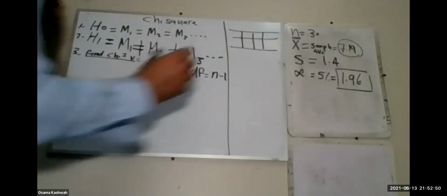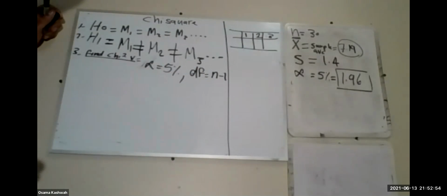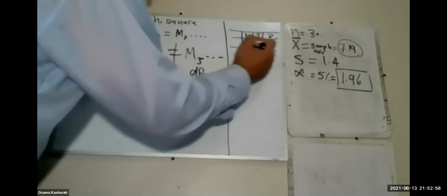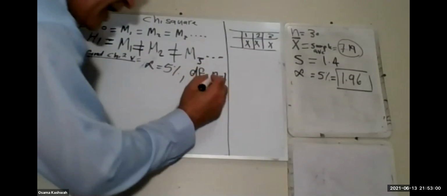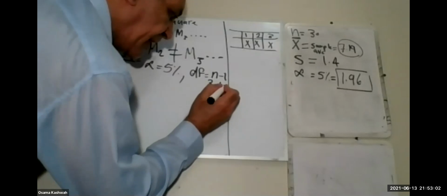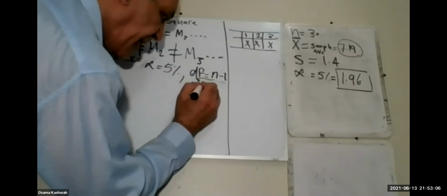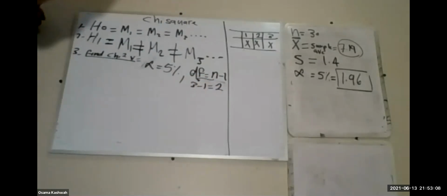I have a table with shift 1, shift 2, shift 3, with 3 shifts, right? So how many variables do I have here? 3 variables. Then n, 3, minus 1 equals 2.